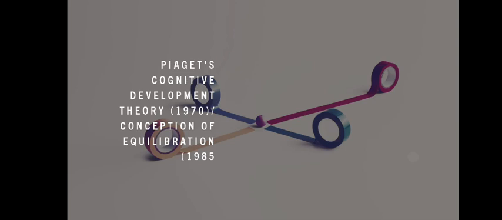Anomalies of experience create a state of disequilibrium which can be only resolved when a more adaptive, more sophisticated mode of thought is adopted. Number 4, schema or scheme. A representation in the mind of a set of ideas or actions which go together.